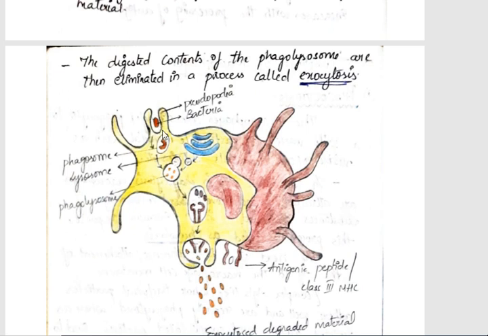Then the next step after chemotaxis is the attachment of the antigen to the membrane of the macrophage. Slowly it tries to attach to the macrophage membrane, and this attachment differs depending upon the complexity of the pathogen. If the whole bacteria or the whole virus particle comes and attaches, then the phagocytosis action will be very good.